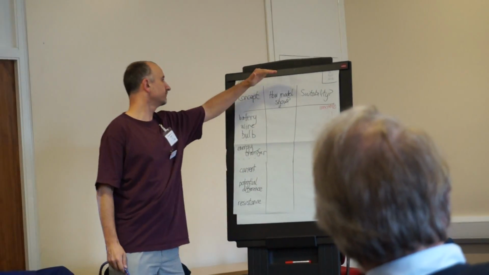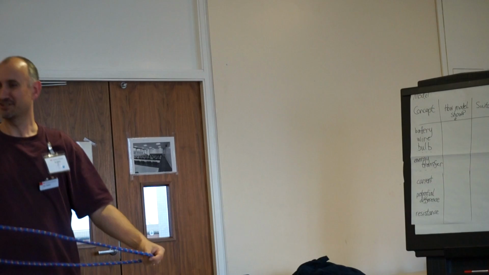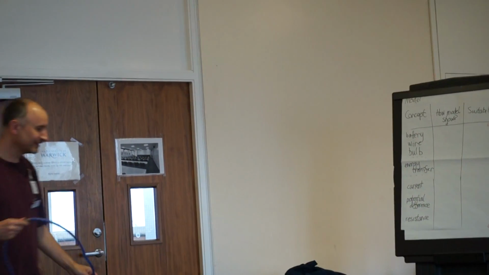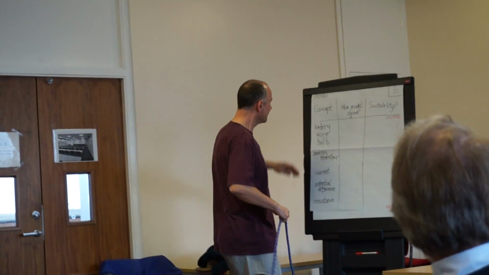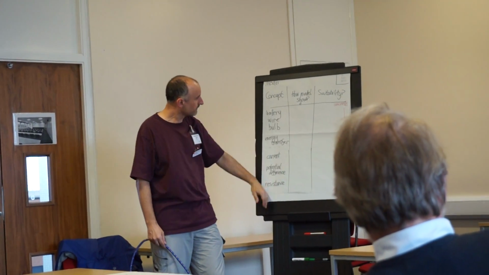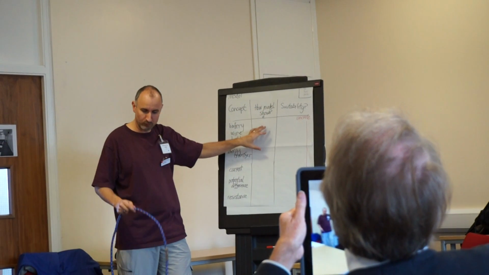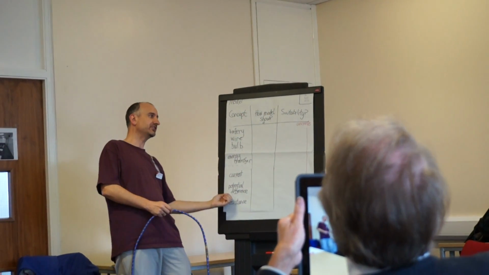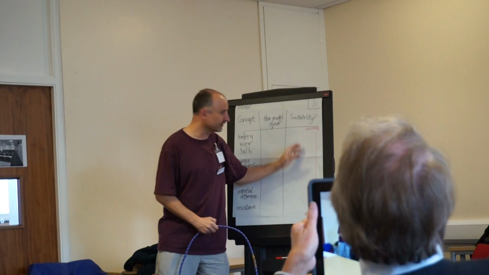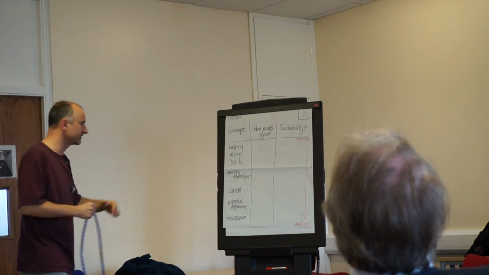So, rope loop model. Do I get you to do this? Pen and paper. Can you sketch out our framework? I didn't have time to get it photocopied. So an idea of a list of concepts. Our second thing here to be filled in is how the model shows each of these concepts, and at the end an idea of how suitable the model is for showing each of these concepts.